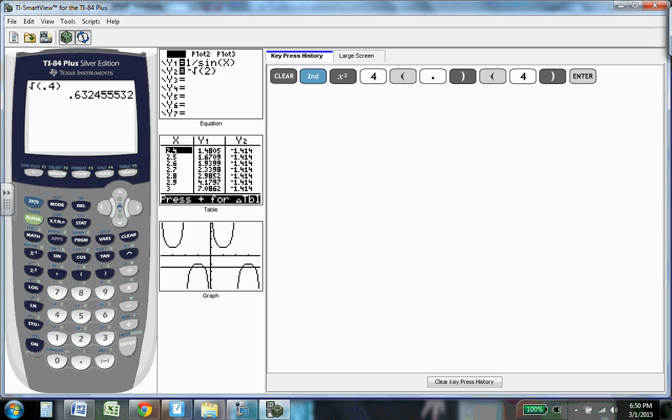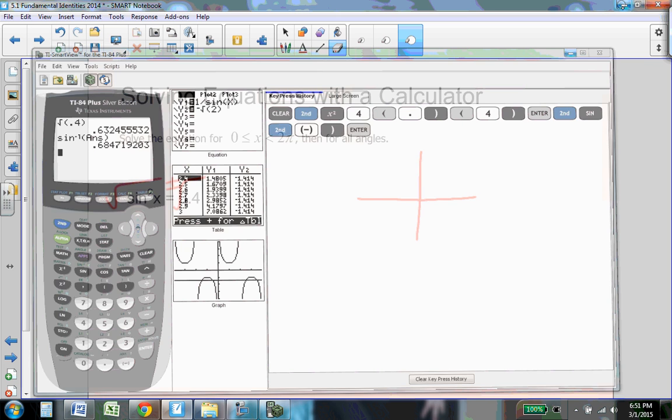So now we need to do the inverse sine of that, which gives 0.685.